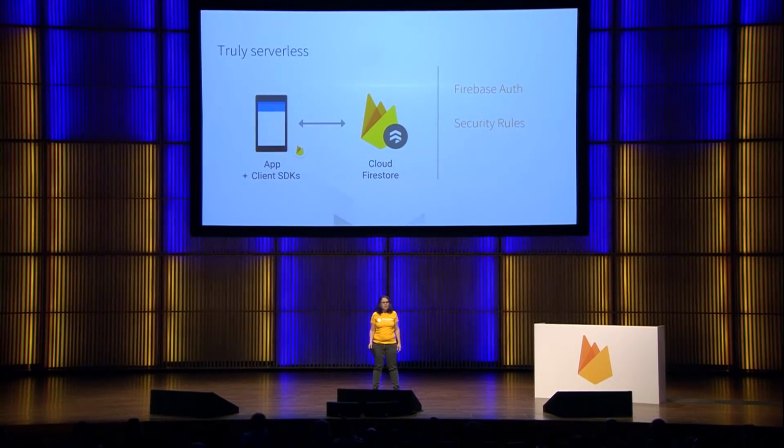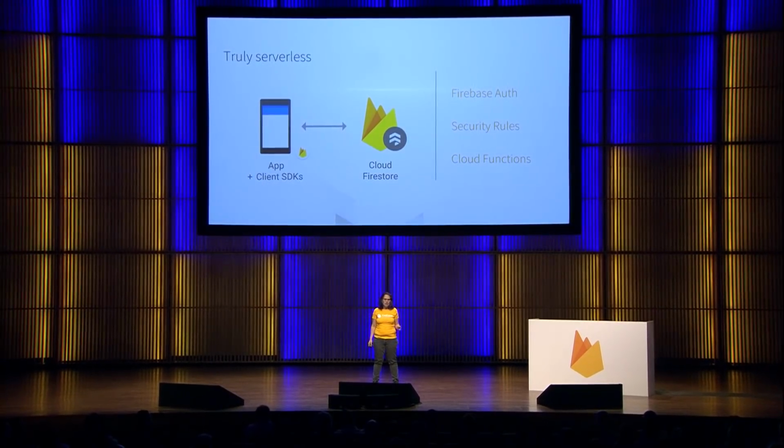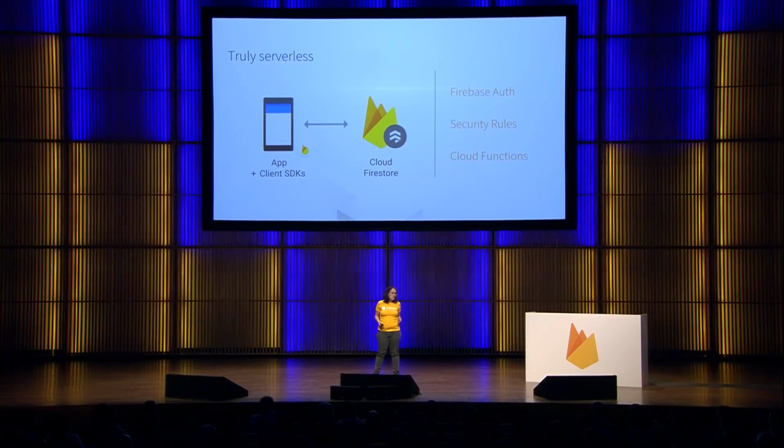The other thing that's really new here is that you can extend it on the server side with Cloud Functions. As many of you know, server-side code can be really helpful. It's code that's run in a trusted environment, so you can make fair decisions on behalf of your users.